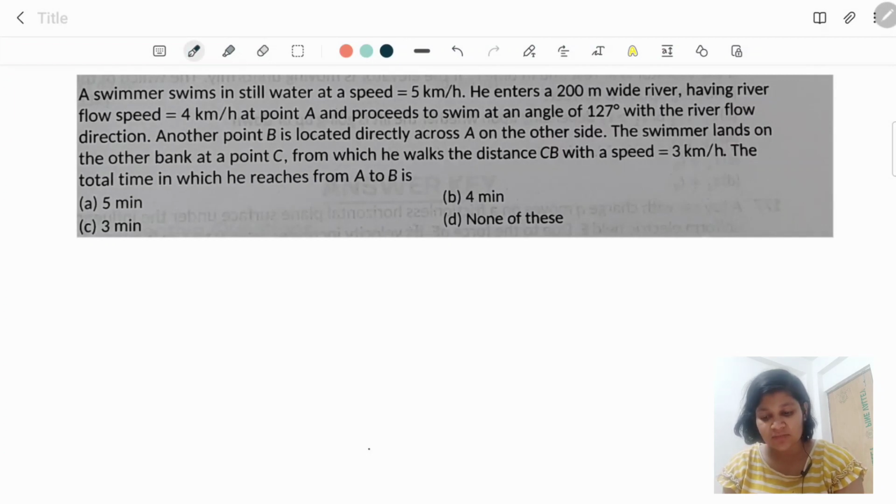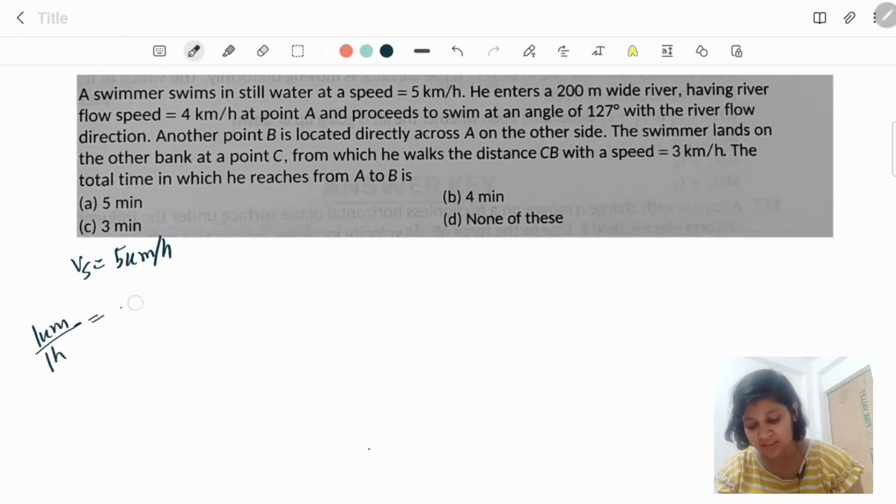Here they have given that a swimmer swims in still water at a speed of 5 km per hour. So let the speed of the swimmer be 5 km per hour, and if we convert 1 km per hour into meter per second for our convenience, then it becomes 1000 meter divided by 60 into 60 second, that is 60 for minute, and for second we have to multiply with another 60.